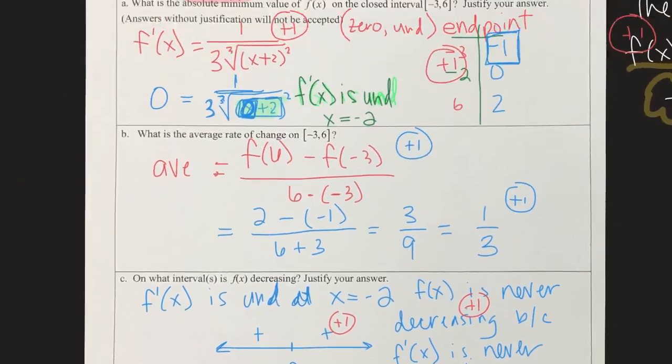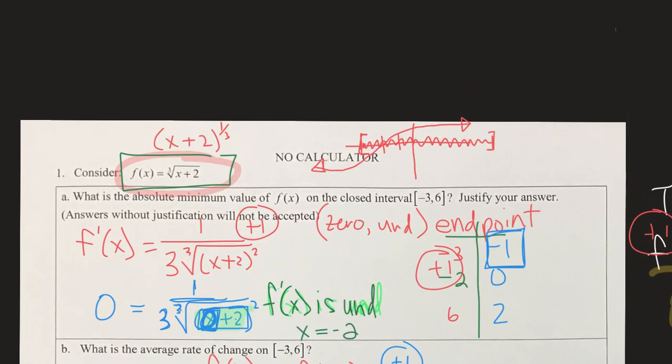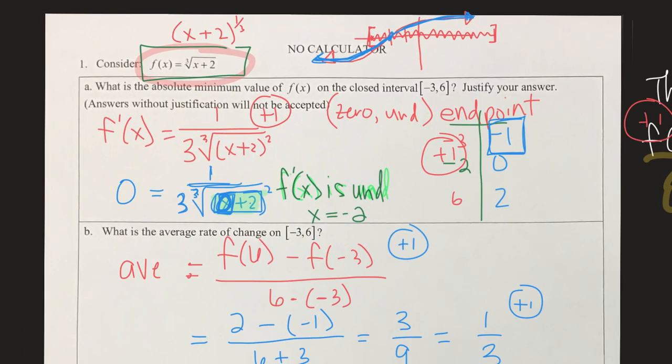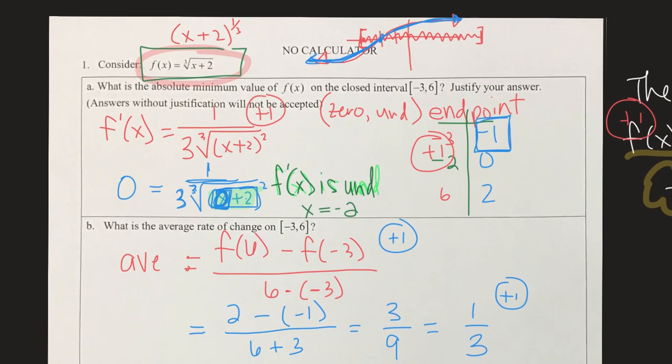Looking back up at our graph, to the left of negative 2, it's concave up, and to the right of negative 2, it's concave down. So all these answers make perfectly good sense based upon our graph. Okay, awesome. Let's try another one.